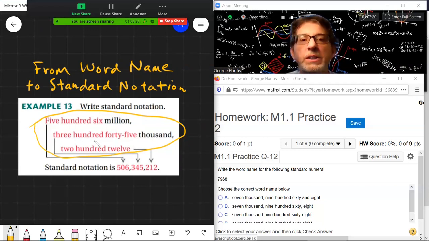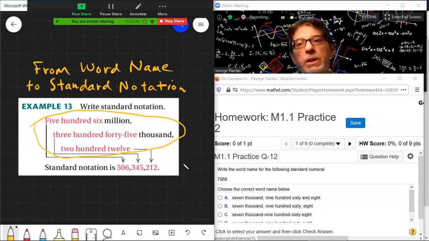So definitely say it in your head. 345,000, comma, because it's the end of the thousands period. And then we have 212. And this is the ones period, so we don't need the ones period written there.